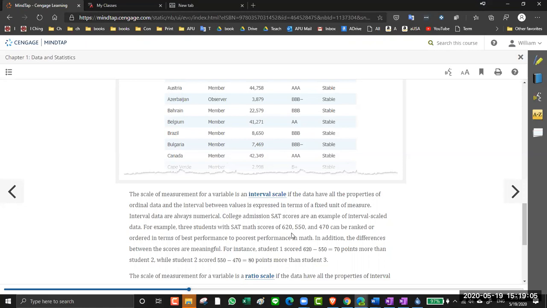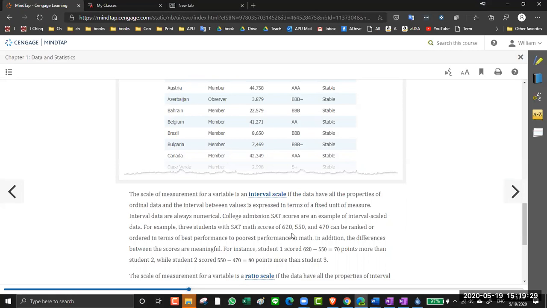Better definitely has ordinal in its meaning, but if you can say how much better, then that is interval scale data. Okay, is that clear?